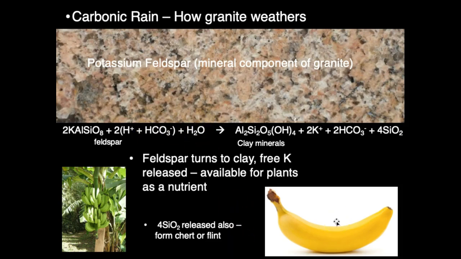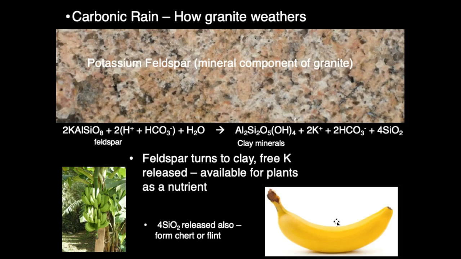When water and carbonic acid and potassium feldspars meet, a reaction occurs, and the products of it are some potassium ions, some bicarbonate ions, some silica, and another mineral. This other mineral we call clay minerals. So through this reaction, we turn potassium feldspar into clays, which are key for making up the inorganic component of our soils, and which are very stable under surface conditions, so they won't get weathered very easily.